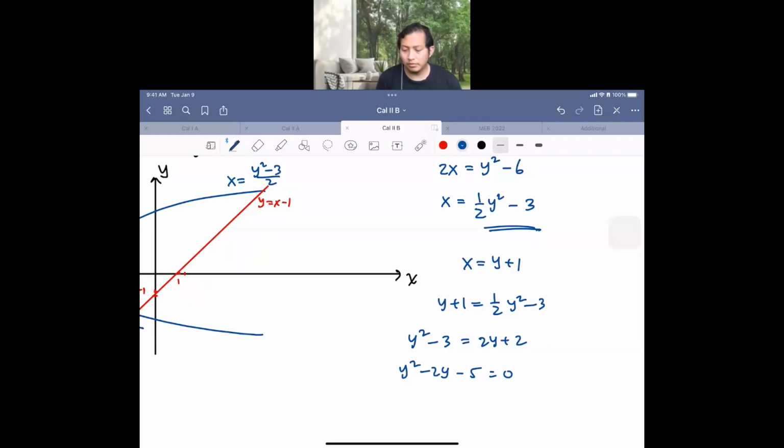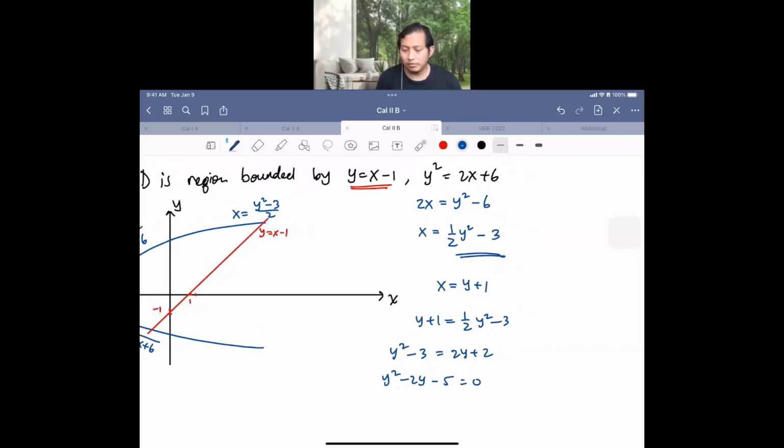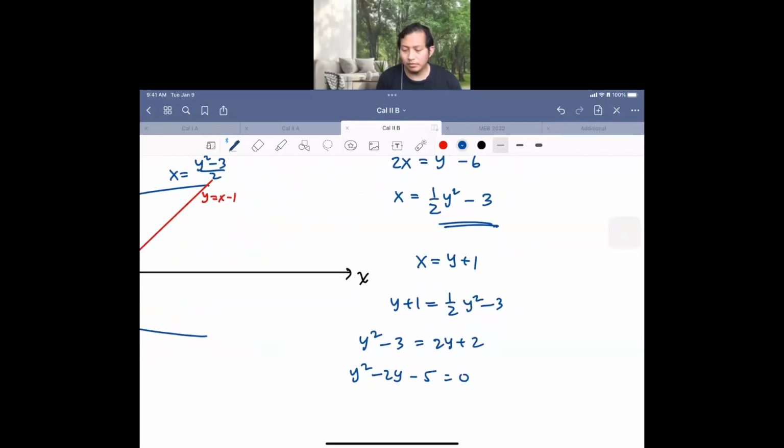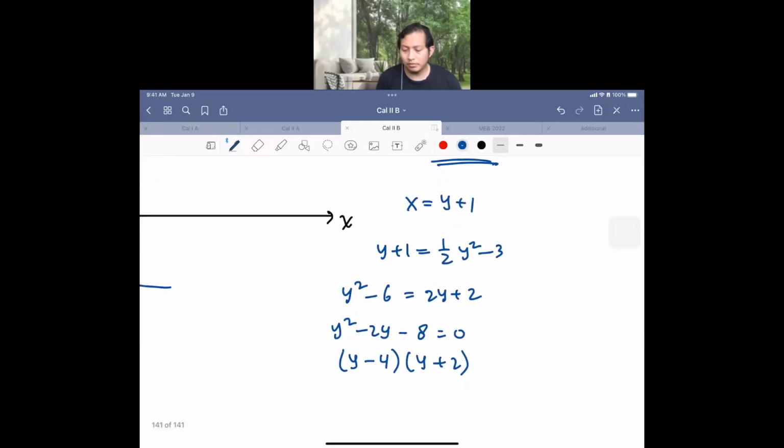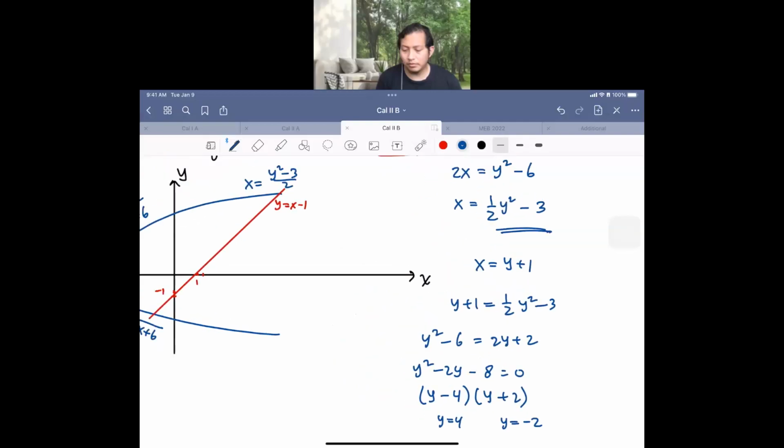It should not be 3, it should be 6. So it should be 8. I think that's correct, right? Now we have y equal 4 and y equal negative 2.